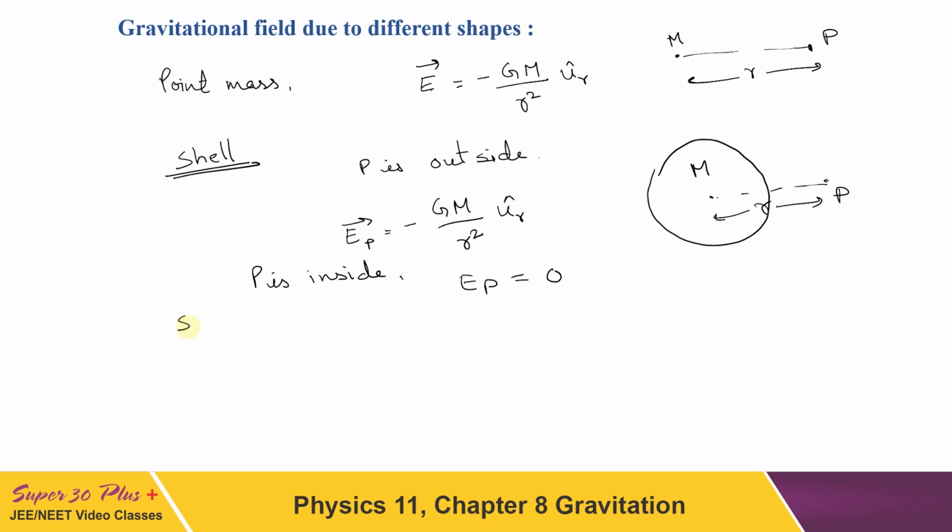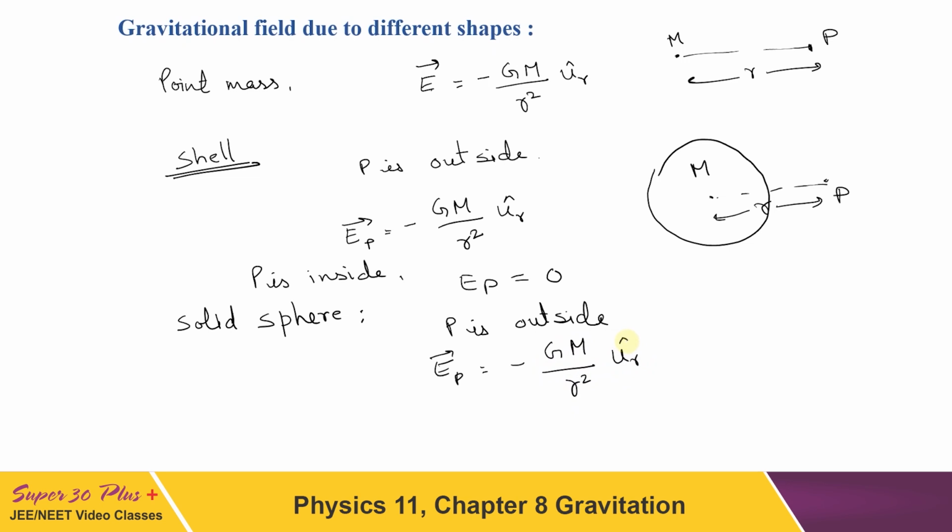So for a solid sphere, we have to consider both the cases. When P is outside, as you know, the sphere behaves as if it is a point mass situated at its center. So E at P again can be written as minus GM/r square, and direction minus of unit vector along r.